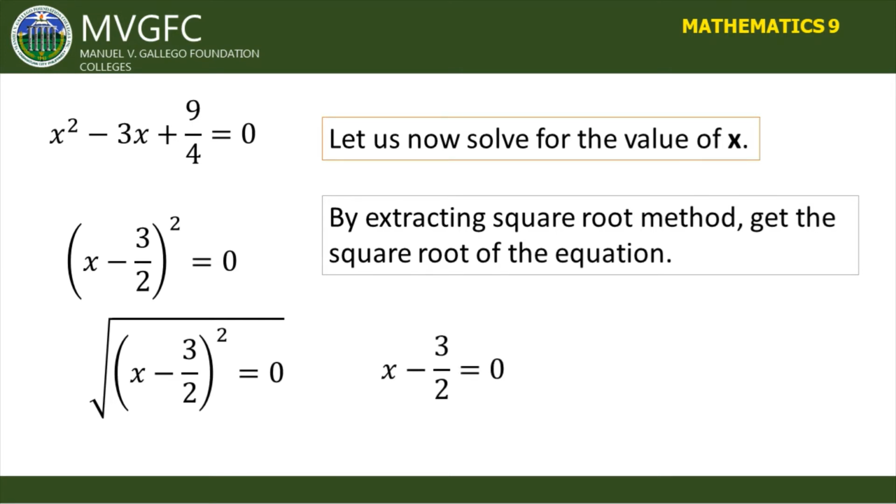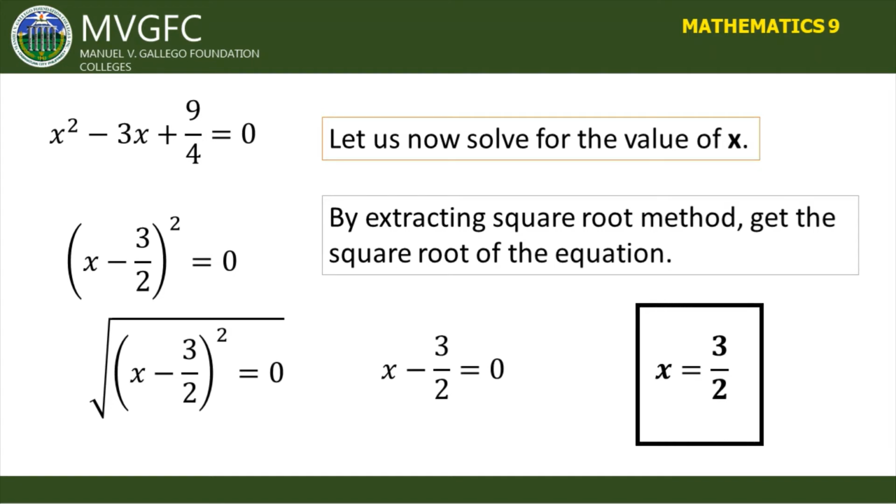Simply use the square root sign. So when we get the square root of the equation, the answer is x minus 3 over 2 is equal to 0. Following the steps that I gave you earlier, we need to transpose the constant term. So we have now the final answer of x is equal to 3 over 2.